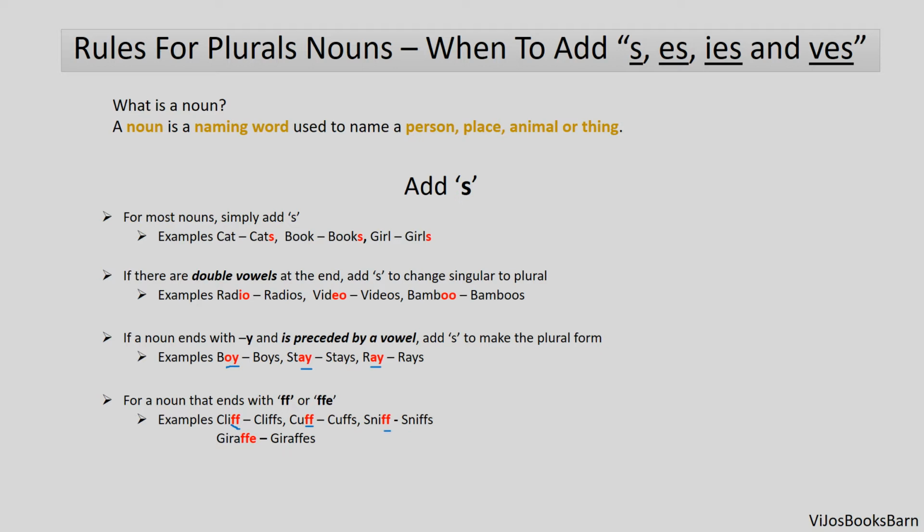These words end with ff. And giraffe, this word ends with ffe. So in that case add an s along with the ffe. Giraffe, giraffes. So these are the rules for adding s to a noun to make it a plural noun.